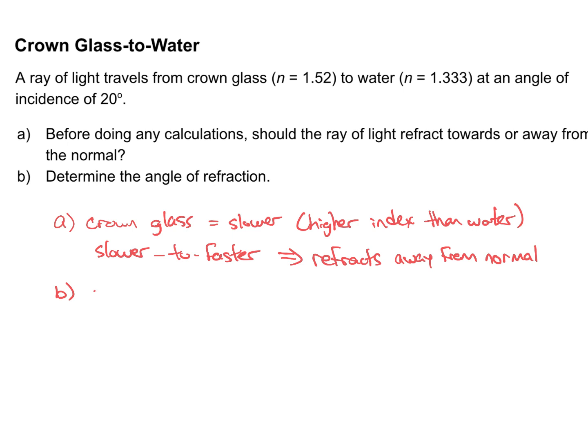So this is Snell's law. For the subscript of 1, I'll use crown glass. So the index of crown glass times sine of the angle while it's in crown glass, which is 20 degrees, equals the index for water times sine of the angle when it's in the water, which will be theta 2.